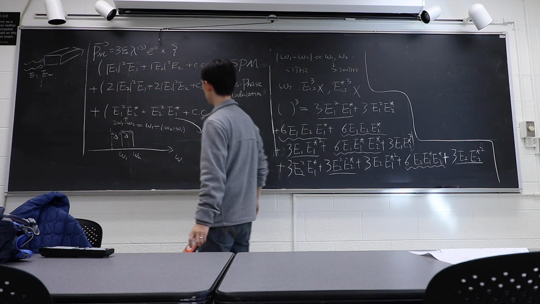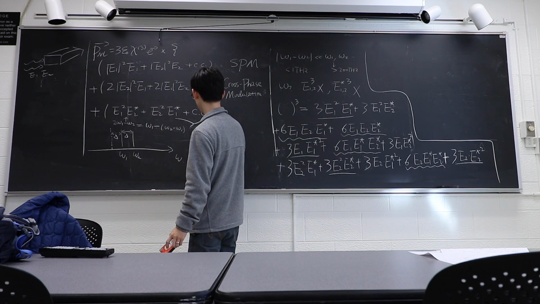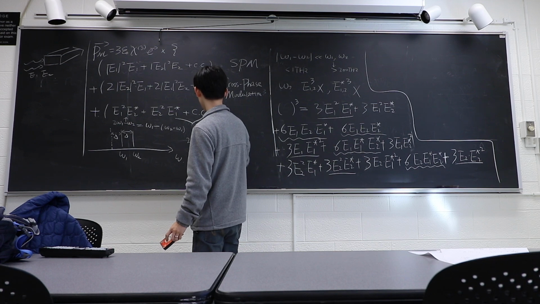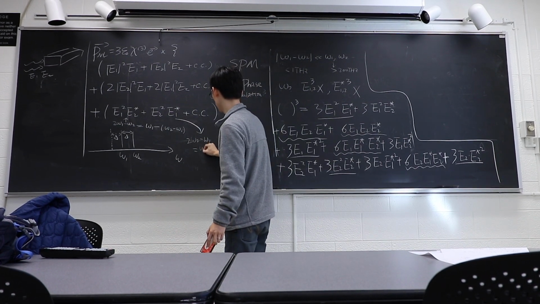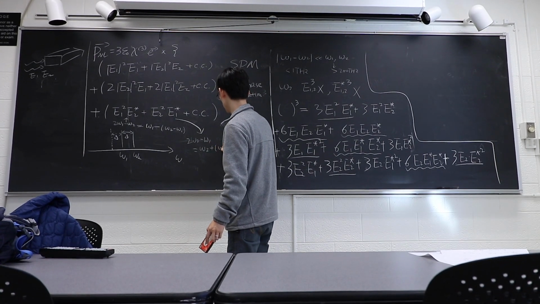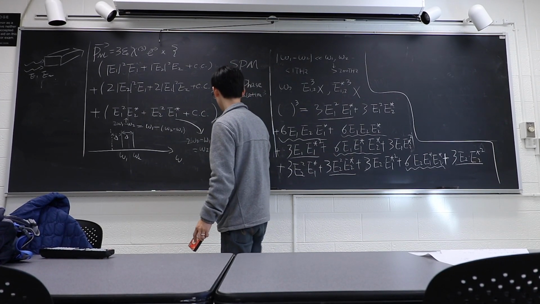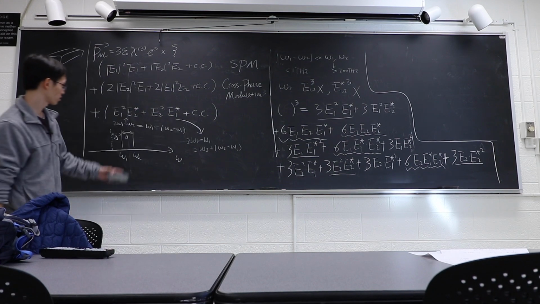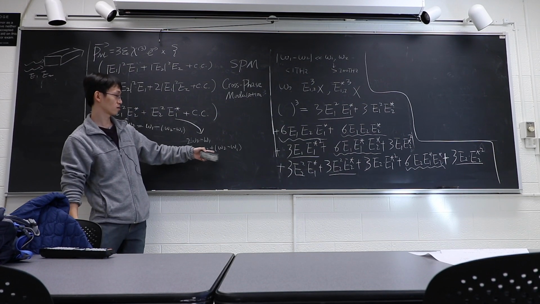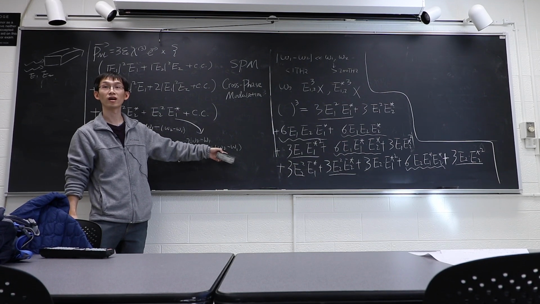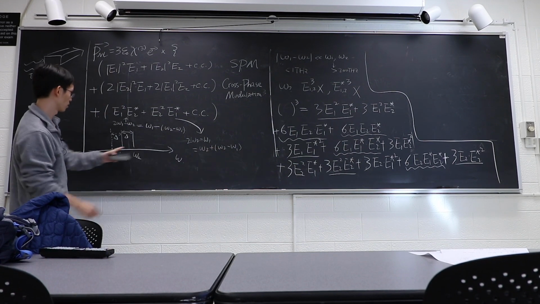The second term here, you have omega 2 minus omega 1. And this one, you get omega 2 plus omega 2 minus omega 1. So it means you start from omega 2, and then you add the frequency difference. Okay? So it's here.